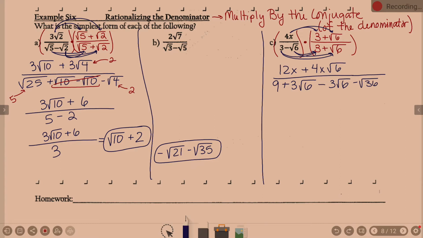Okay, let's see. Clean up. Is there anything I can do on top? I can't take the square root of 6. I can't add 12x and 4x because 4x is attached to the square root. So my numerator is staying as is: 12x plus 4x square root of 6. Denominator.